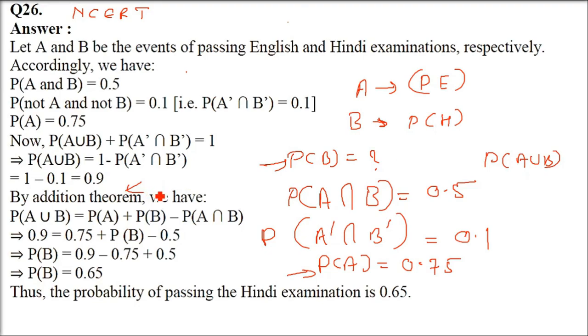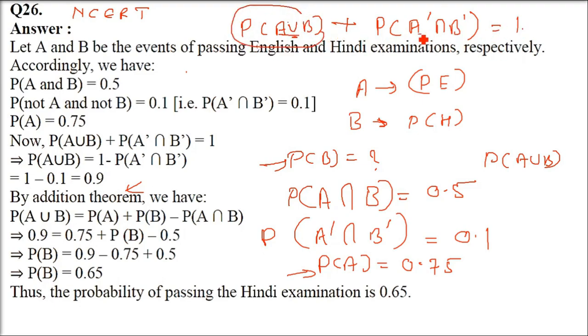For that we have to use the theorem which we have learned, De Morgan's law. So P(A complement intersection B complement) plus P(A union B) is 1. When the complement is used, we do intersection and we add them, this is going to be 1.